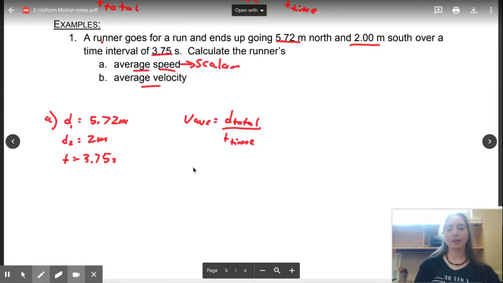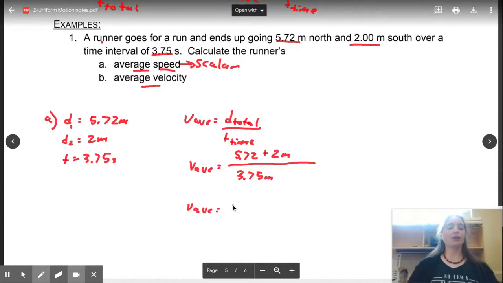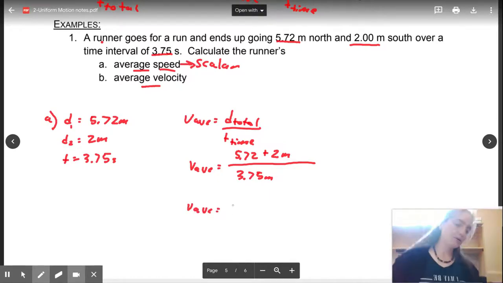Okay. And then we are going to take our total distance. It's 5.72 plus 2 meters. We're looking for the total distance that was covered divided by your 3.75 seconds. Now, when you put this into your calculator, you need to be careful, because remember what I mentioned in a previous video, that anything that is on the top is considered to be in brackets.